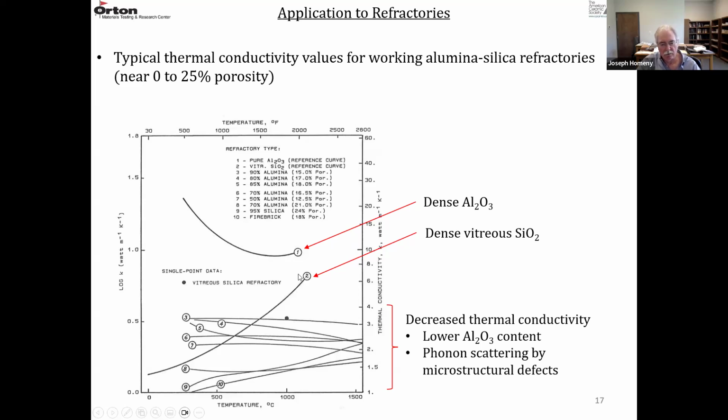It just increases with temperature. And then as we lower the alumina content on these materials, so the silica content's going up. As we lower the alumina content, the conductivities go down. So alumina has the highest conductivity. As we decrease the alumina content, because of defects, lower conductivity of silica, the conductivity decreases.